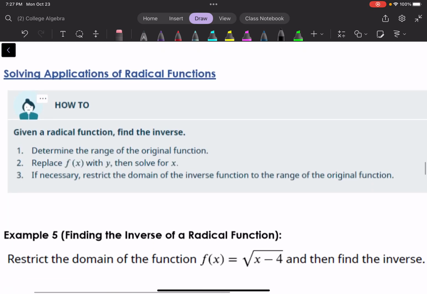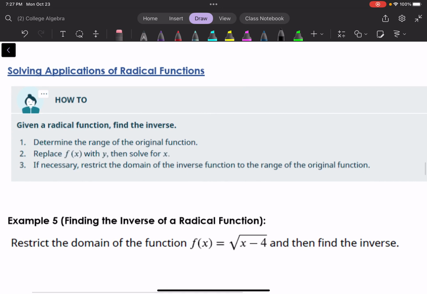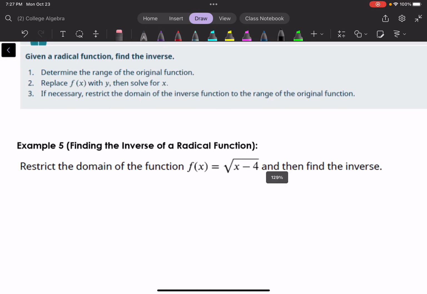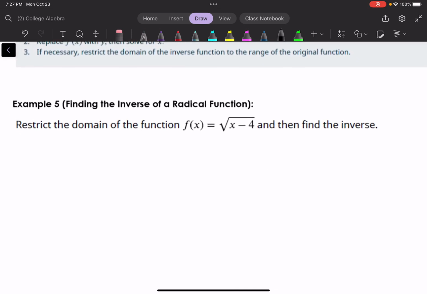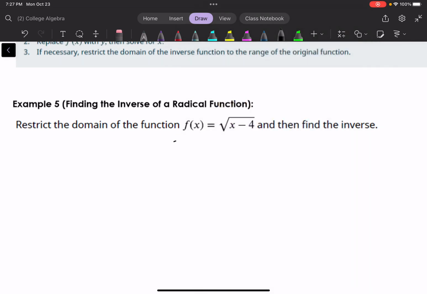So from there, now let's talk about solving applications of radical functions. And so these are the steps, as a reminder, of how to find the inverse of a radical function. And so example 5 asks us to restrict the domain of this function and then find the inverse. And so the domain of this function, remember that we cannot have negative numbers under the square root.